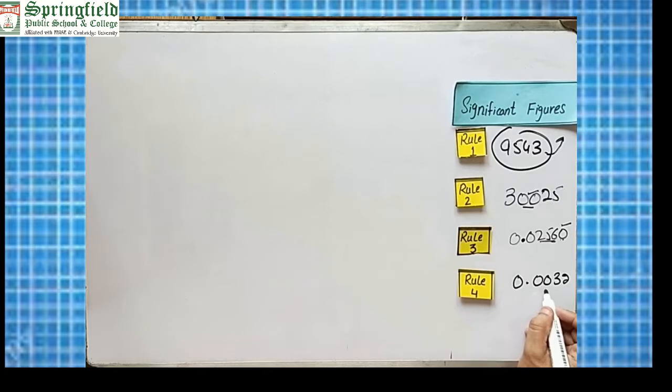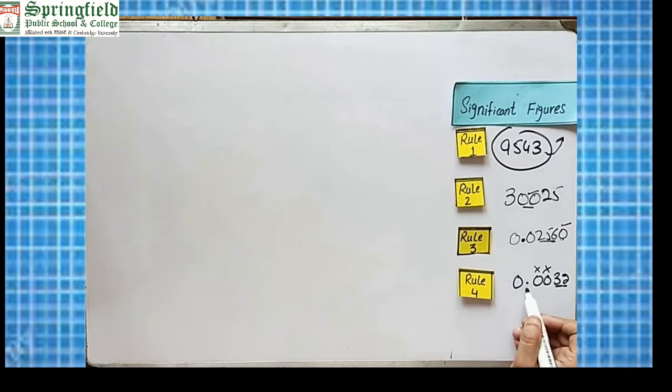The non-zero digits are 3 and 2, and the zeros before the non-zero digits are not significant. It means we will not count these 3 zeros. So how many significant figures are here? 2.